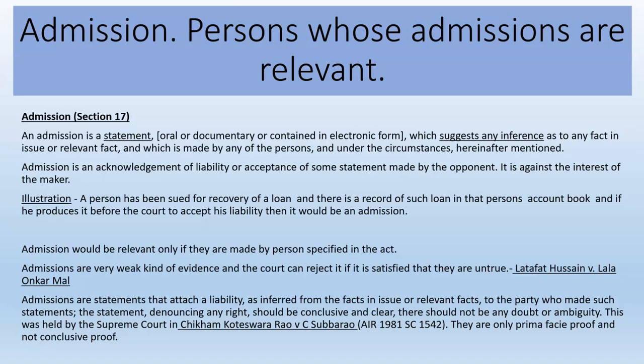Now if he produces that account book in the court to accept his liability, then that would be called an admission. Admission would be relevant only if they are made by a person specified in the Act. So there are specified persons who can make admission, and that is given under the Act.